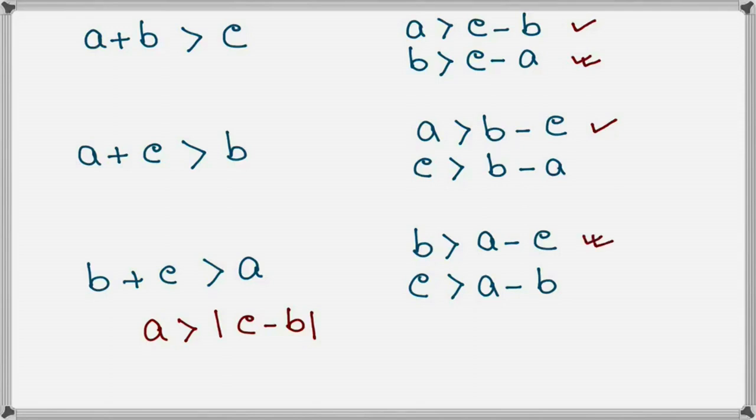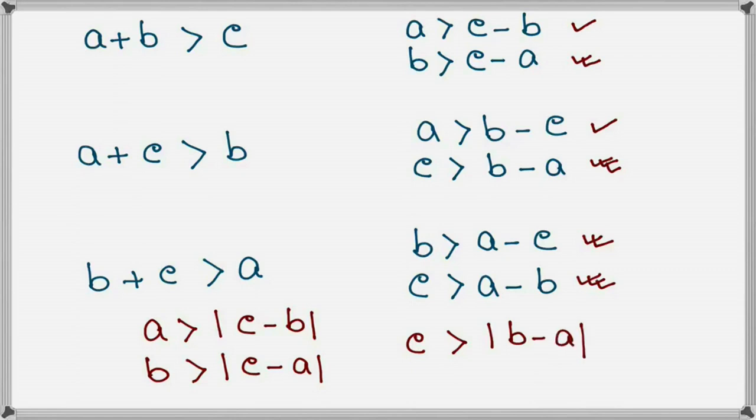From here we obtain that b is strictly bigger than modulus of c minus a, and from the last two remaining inequalities we obtain that c is strictly bigger than modulus of b minus a.